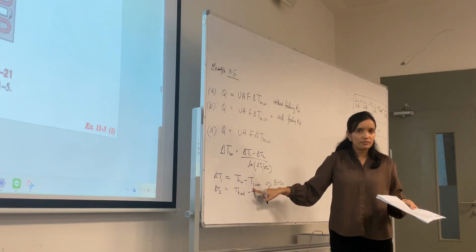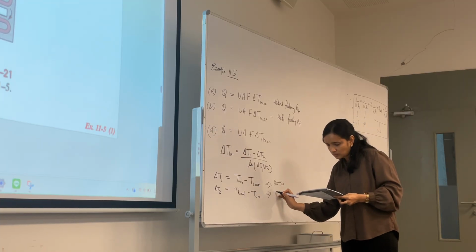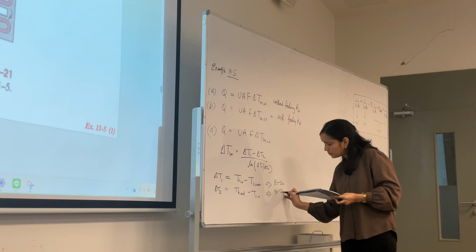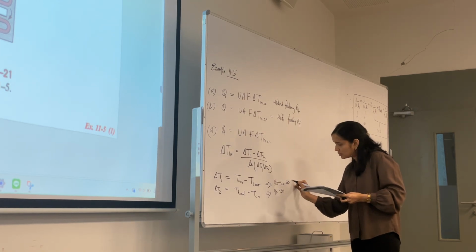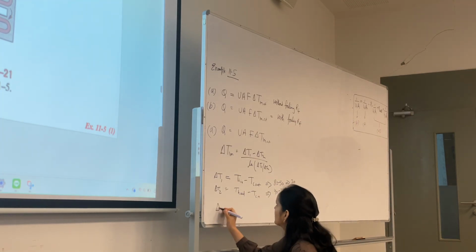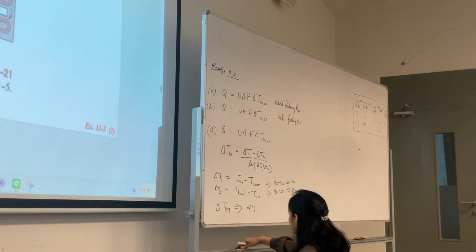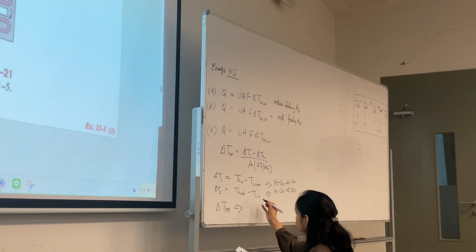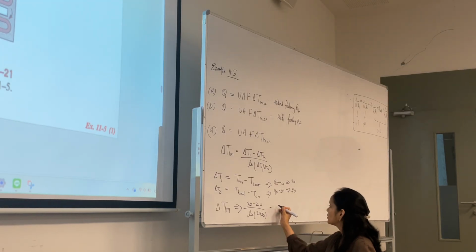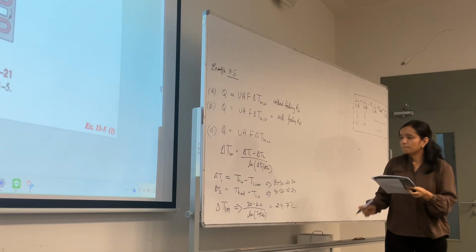First draw the graph if you are confused, and then write down these very carefully. So this is 30, this is 20. From here I can write down delta T LM is going to be 24. 30 minus 20, then 30 divided by 20, 24.7 degrees Celsius. Okay.